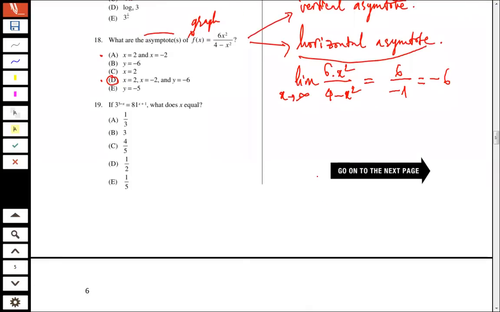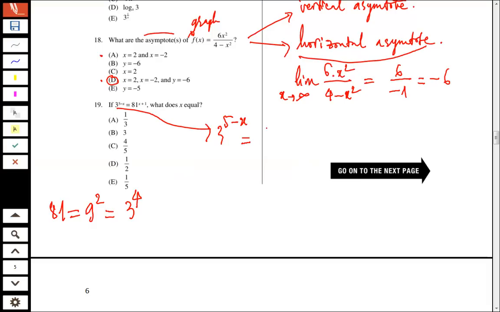Question number 19. 3 raised to the power 5 subtract x equals 81. 81 equals 9 squared, equals 3 raised to the power 4.